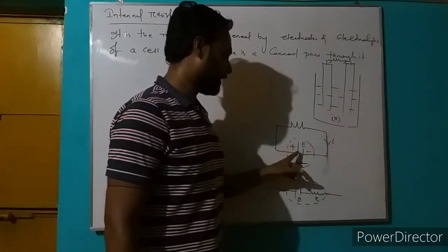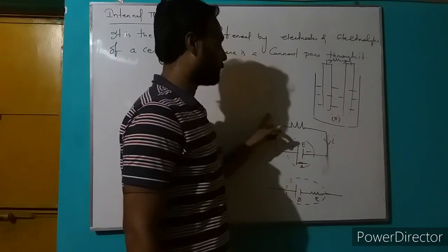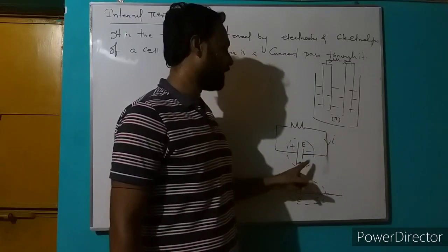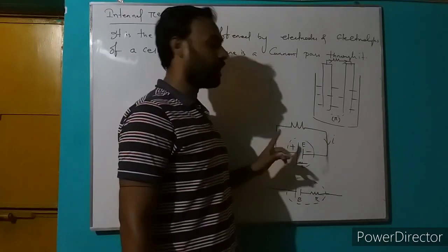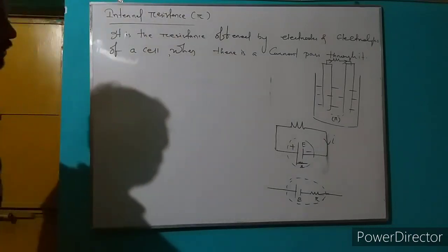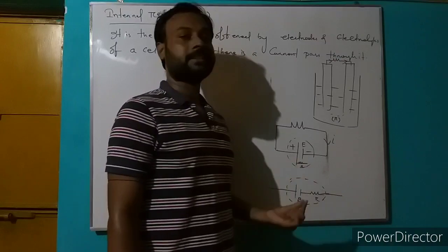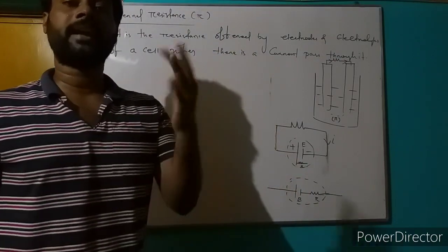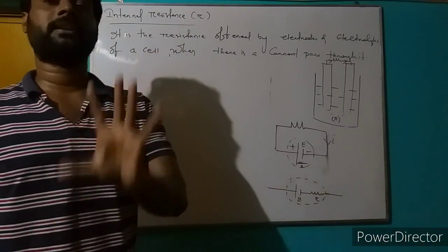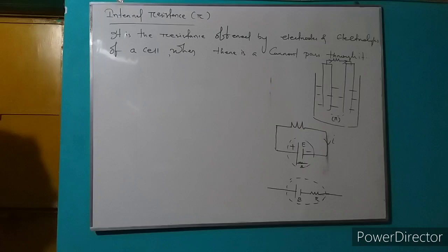But that current which moves externally from higher potential to lower potential of the given cell moves inside the cell from lower potential to higher potential. So there is a resistance inside this cell, and that resistance behaves as the internal resistance, which is found from the electrolyte as well as the electrodes of the cell. Okay, this is the definition of internal resistance.